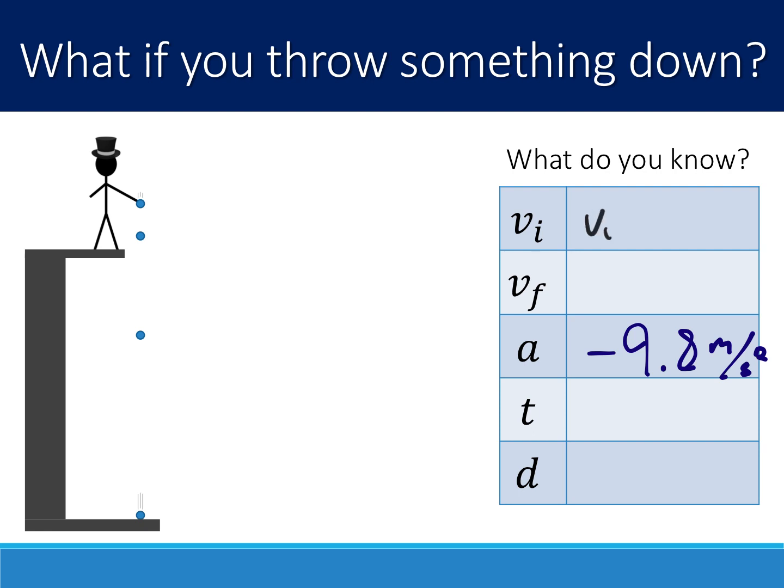So Vi might be like a negative 2 meters per second. I put a negative sign in there because the velocity is directed downwards. Its arrow is pointing down in the same direction as the negative 9.8, or the same direction as the acceleration of gravity. So that sign is important, especially when we start to plug these numbers into our equations.